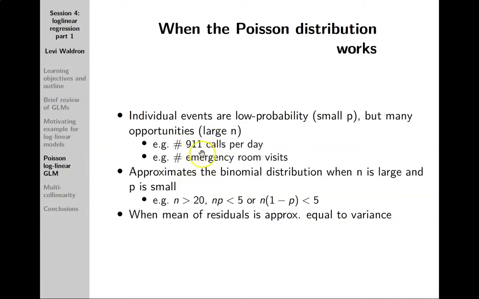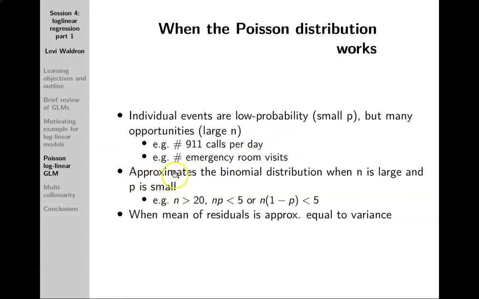Or another example like this one, the number of emergency room visits. If you imagine that each day was an independent opportunity for something to happen that would require an emergency room visit, and that it happened relatively rarely, but could happen independently each day, then the Poisson distribution would model that.